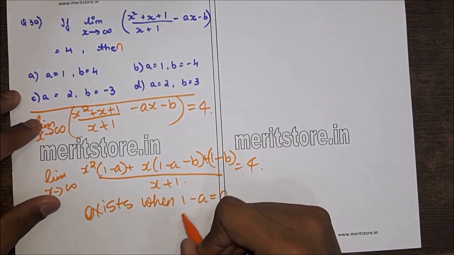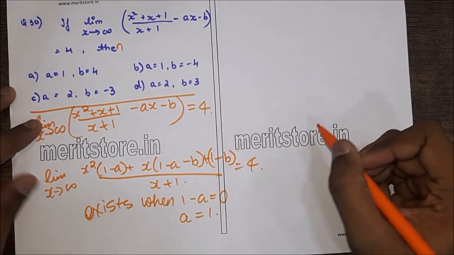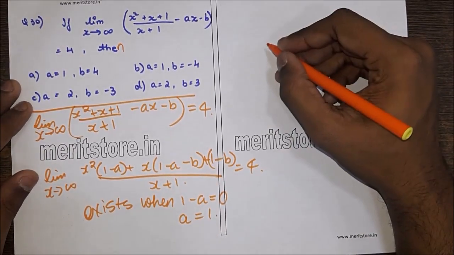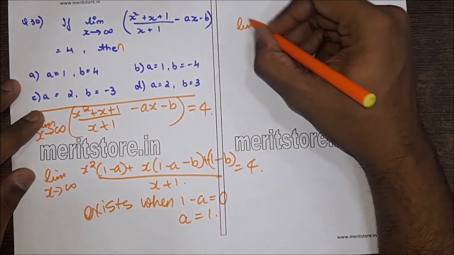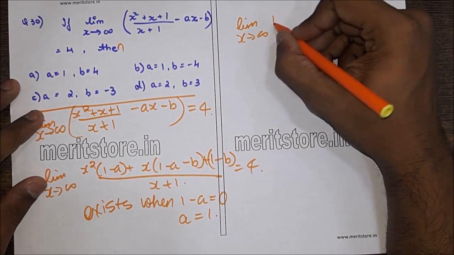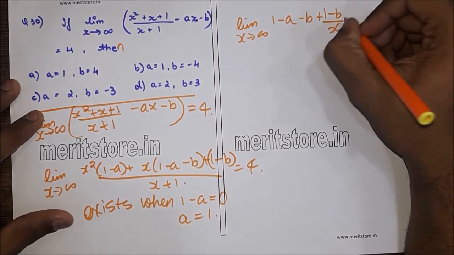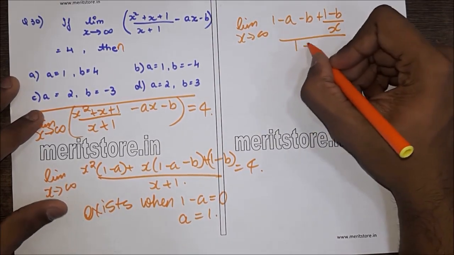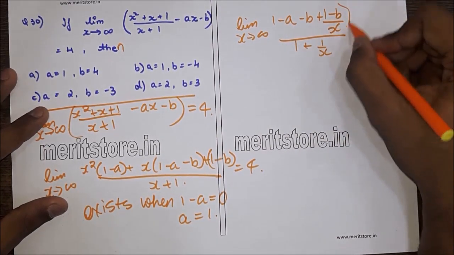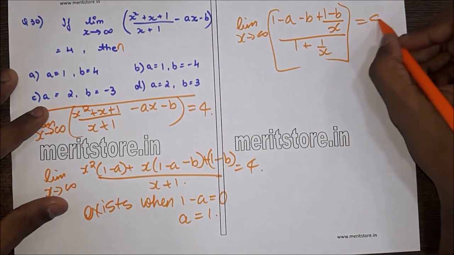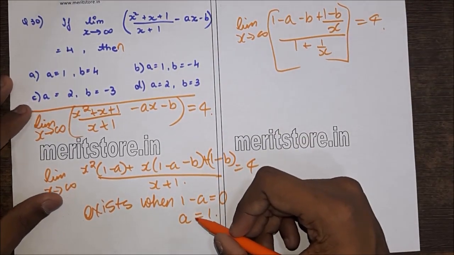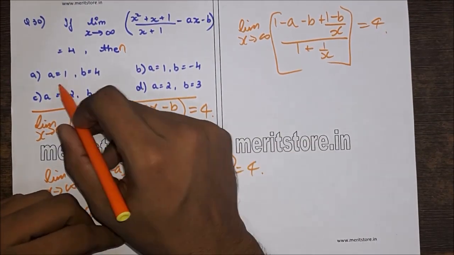So from this we can say a is equal to 1. Then we can say limit of x tends to infinity 1 minus a minus b plus 1 minus b by x upon 1 plus 1 by x equals 4. We know a is equal to 1, so it has to be either of these two options.